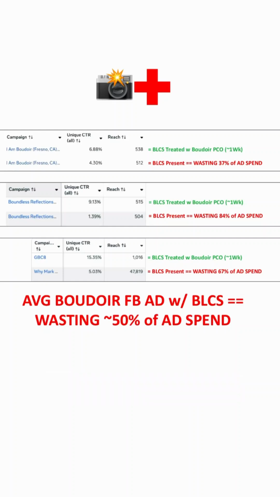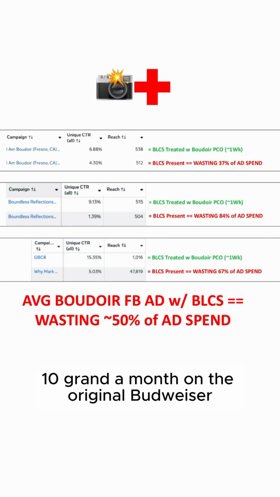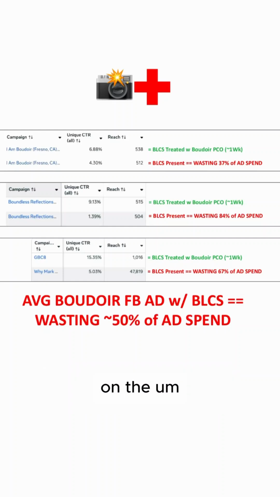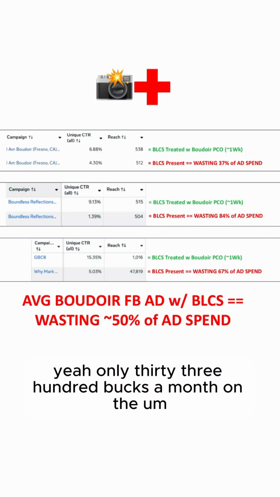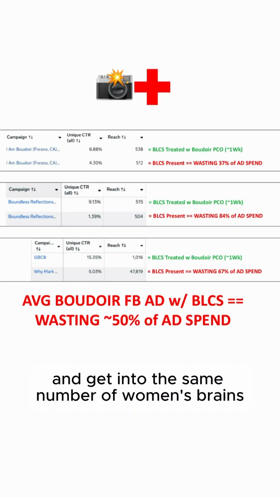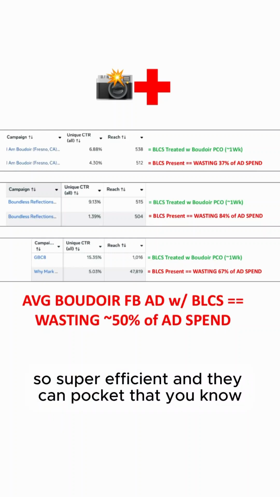If they spend 10 grand a month on the original Boudoir Facebook ad, they only need to spend 3,300 bucks a month on the Boudoir Pico treated ad and get into the same number of women's brains. So super efficient, and they can pocket that.